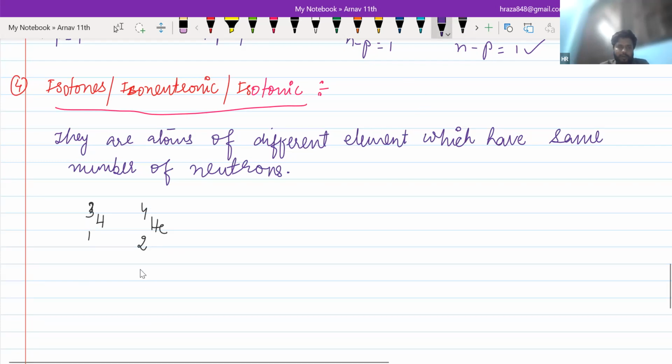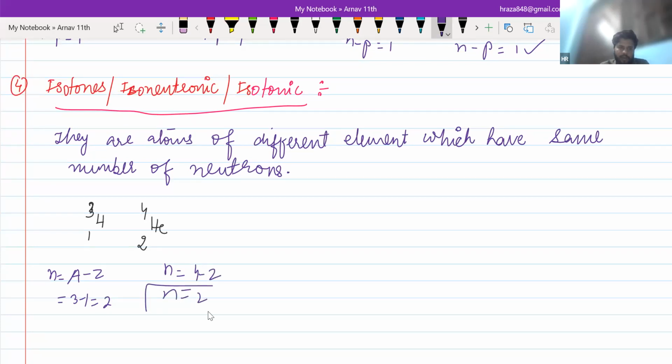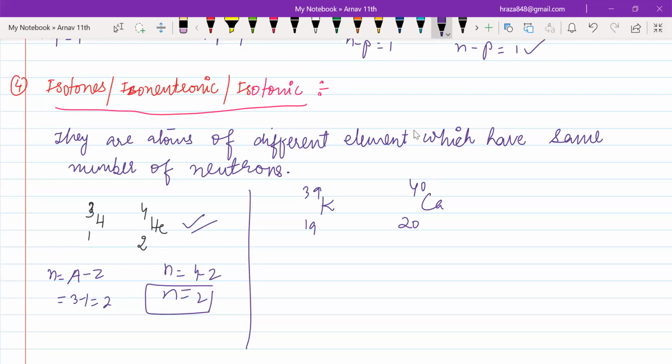So if you see the number of neutrons, A minus Z, that will be equal to 3 minus 1, equal to 2, and here 4 minus 2, that will be equal to 2. That means they are isotones or isoneutronic, or isotonic, you can call it. Can you tell me about this? Is it isoneutron?